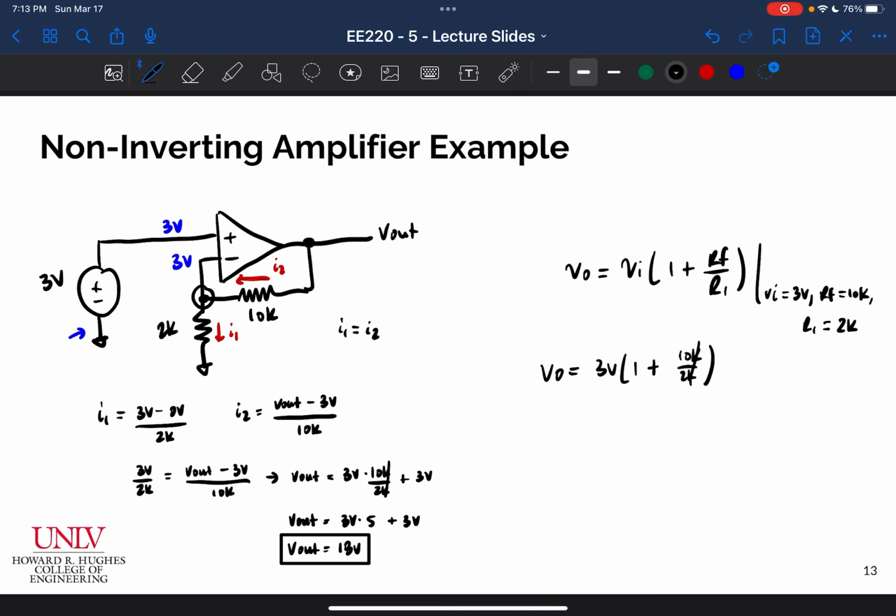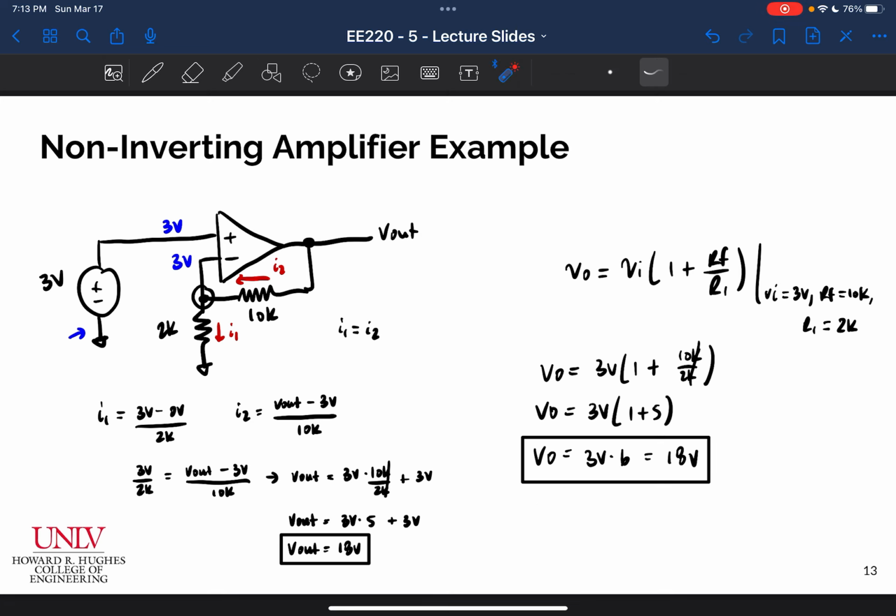The K's cancel. I get Vout is equal to 3 volts times 1 plus 5, or 6. So I get that Vout is equal to 3 volts times 6, which is 18 volts. Okay, and so we can see that these two answers agree with one another, right? So that's our non-inverting amplifier example.